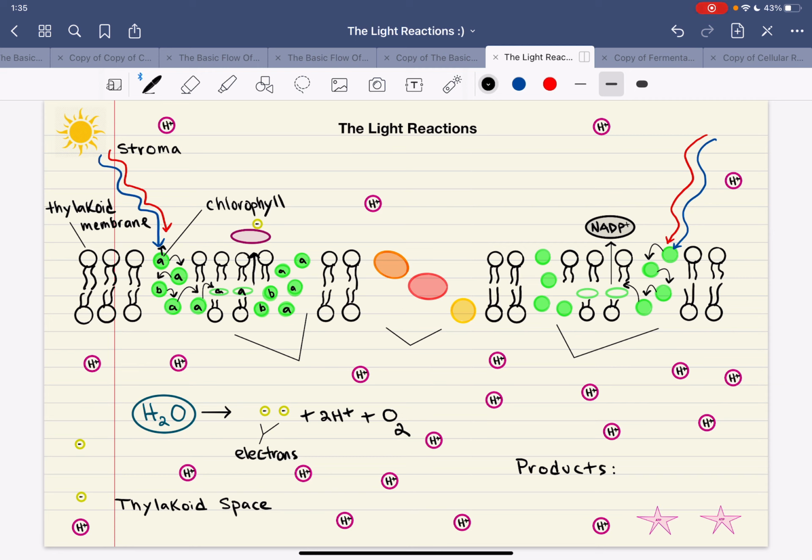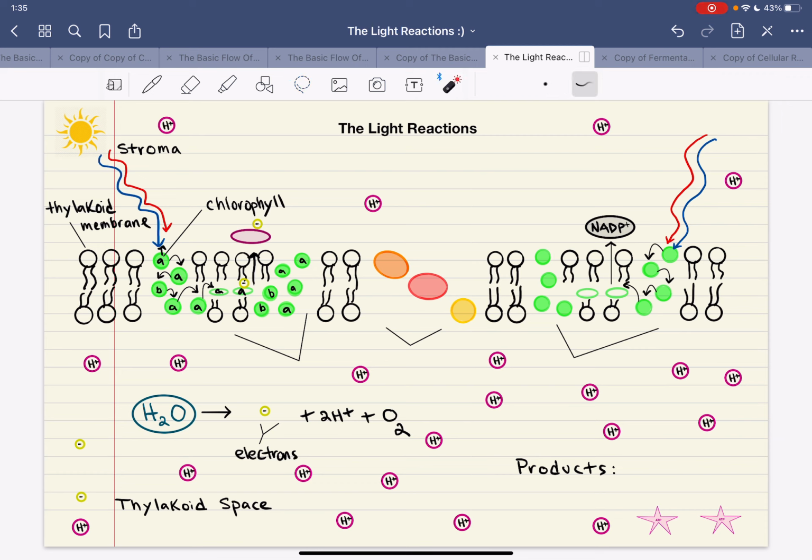Now for the plant, this step is very important because it's this pair of electrons right here that we just drew. They are going to, in a sense, replenish the chlorophyll molecule that just lost an electron. And then that cycle is going to happen again because you constantly have sunlight striking chlorophyll pigments.